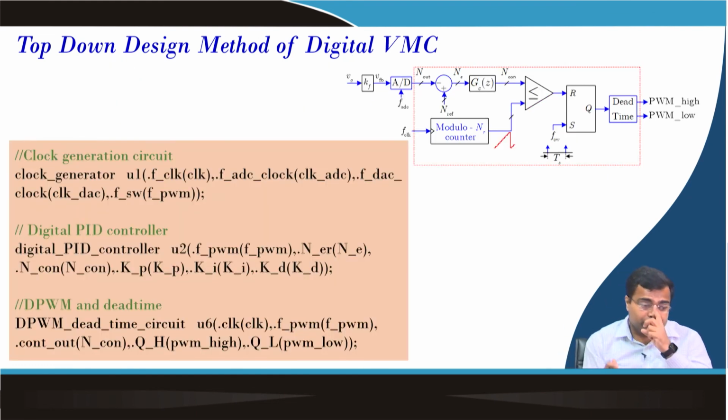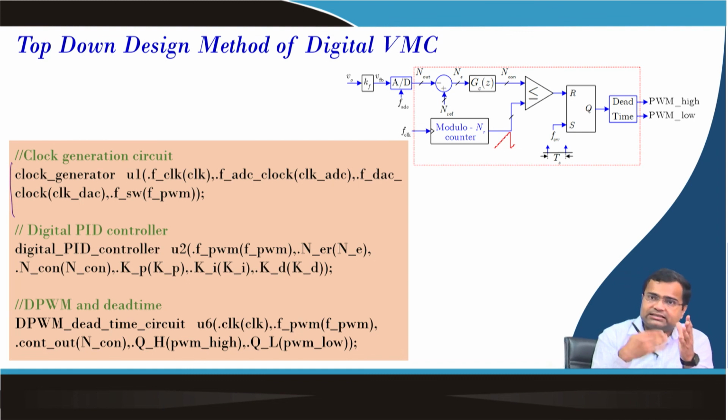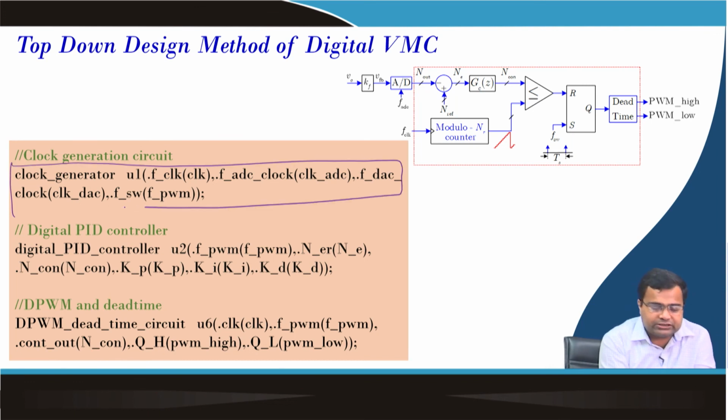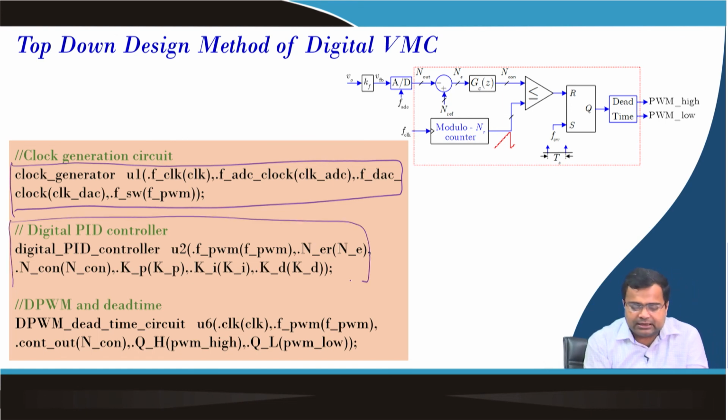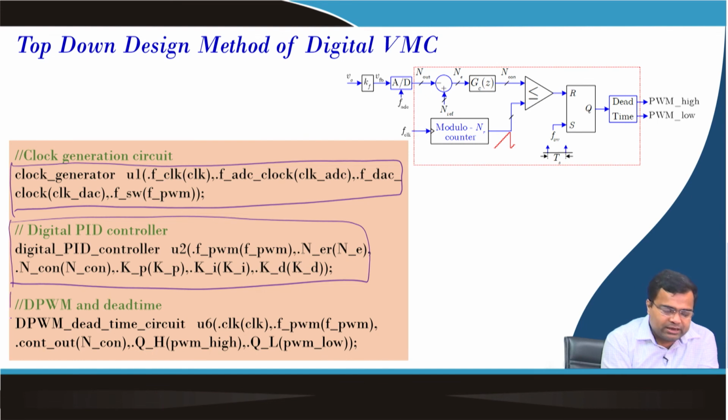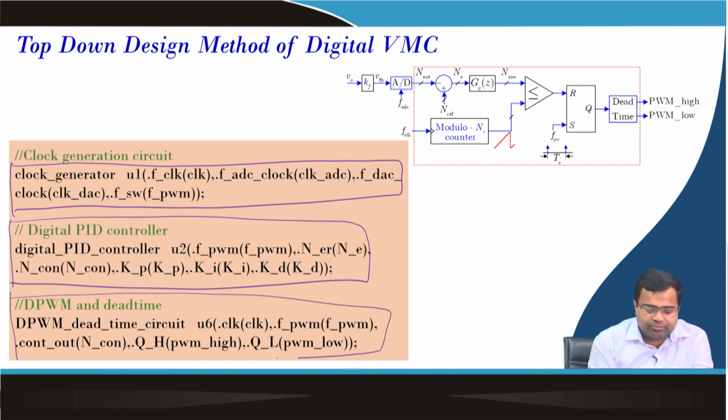I am going to discuss more detail about the Verilog coding in the subsequent lecture, but in summary, in the main module we can instantiate other modules. I have not shown the main module yet, I will come to that in the subsequent lecture, but in the main module we are instantiating a clock generator, the digital PID controller, and a DPWM plus dead time.